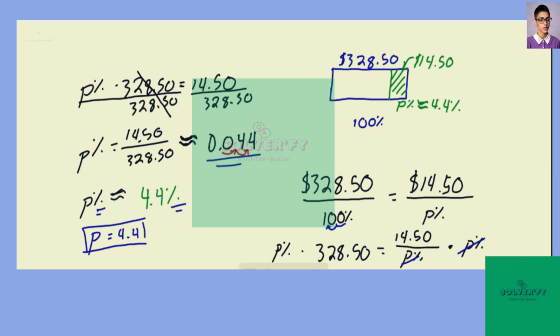So 5% of this $328.50 would be like doing 10%, which would be $32 just about, and then half of that, which would be about $16. So $16 is somewhere close to this $14 that I'm hopeful for? Absolutely. So it seems like it passes the gut check that this 4.4% might be quite reasonable. So let's go ahead and box it and call it our final answer.